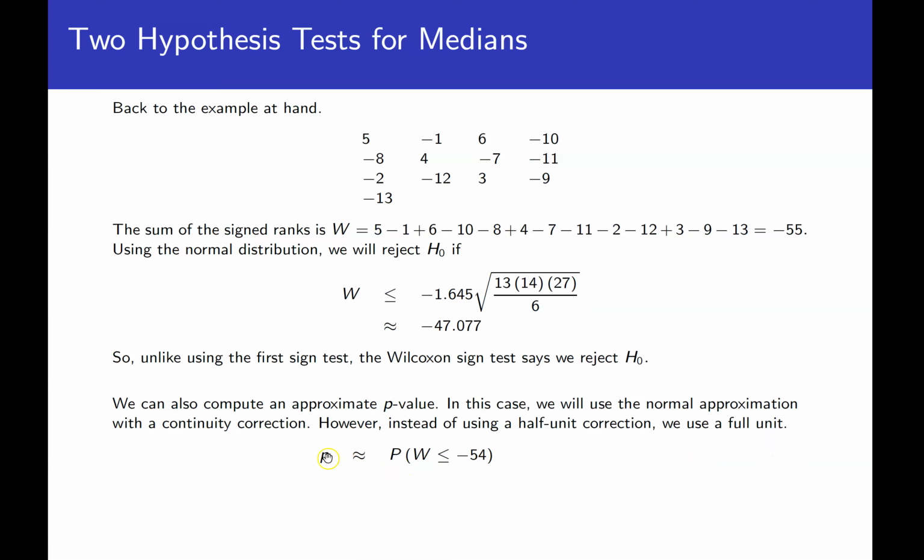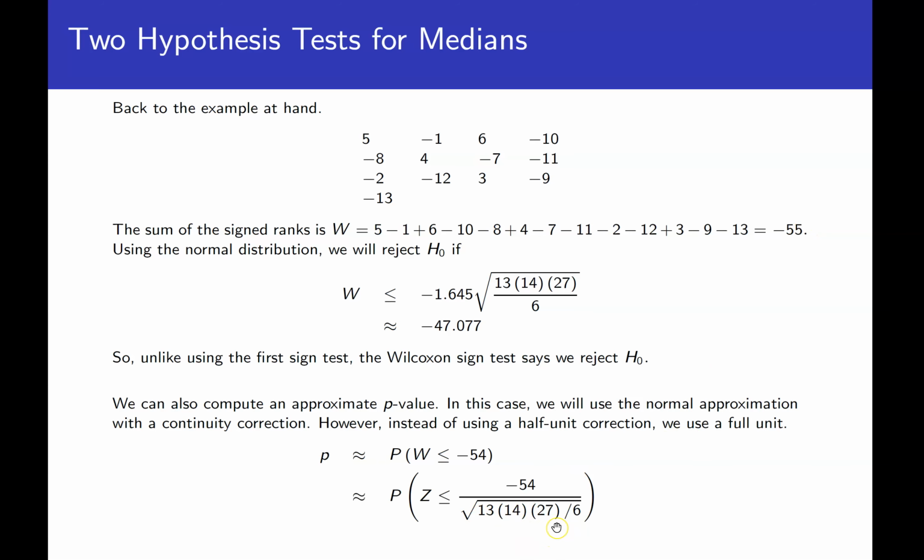So when we calculate our p-value, we want this to be negative 54 because we want to make sure that negative 55 is hit when we go less than the negative 54. Okay, so that's why I used negative 54 here for the p-value. I'm using a full unit for continuity correction, and I need to make sure I include the negative 55.